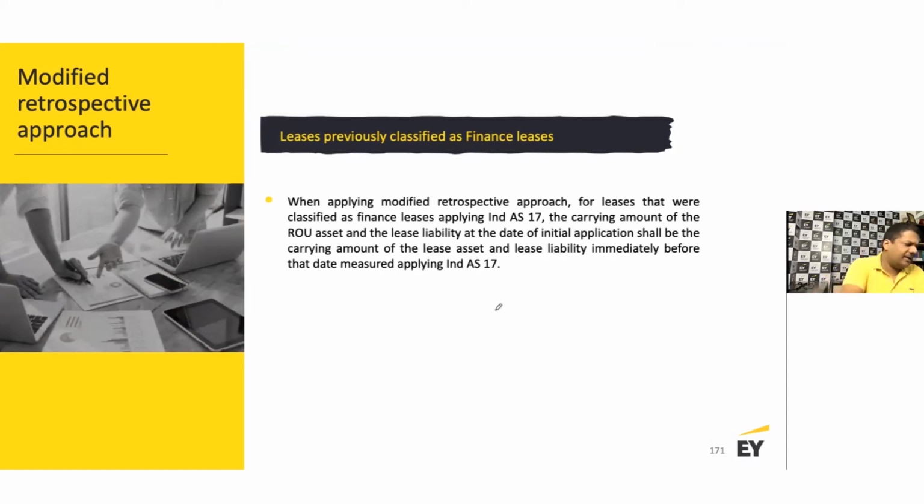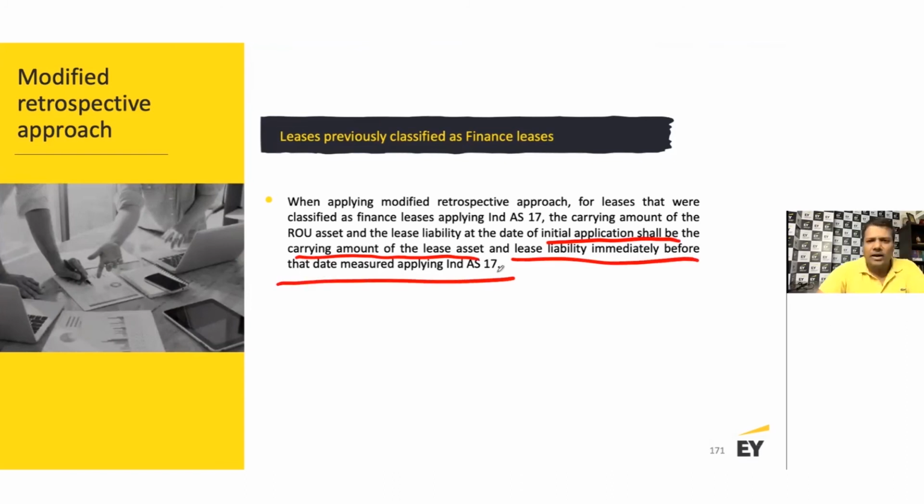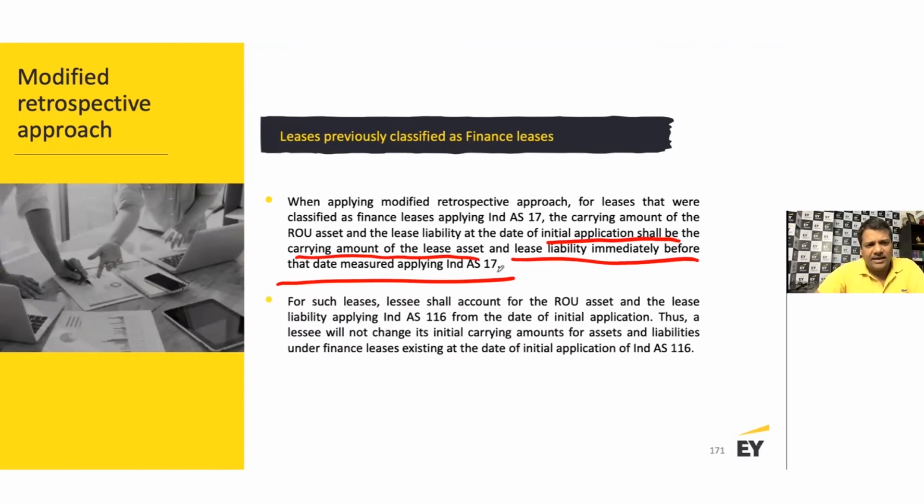Their carrying amount at the date of initial application shall be the carrying amount of the lease asset and the lease liability before that date measured by applying Ind AS 17. So for such leases, the lessee shall account for the ROU asset and the liability from the date of initial application. So there's no change.